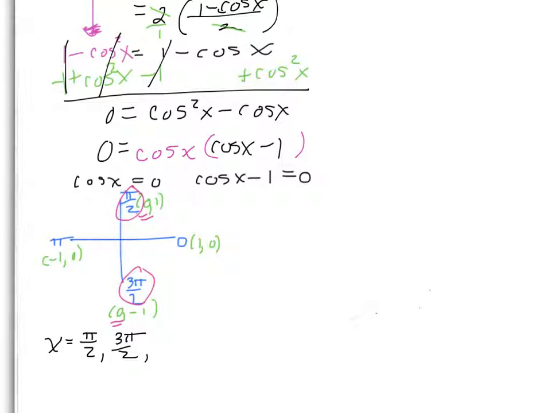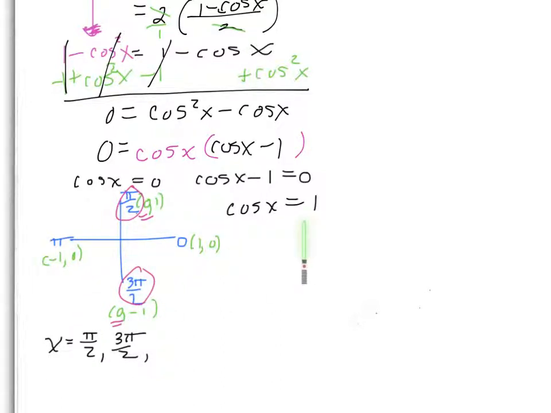Then we have to solve cosine of x minus 1 for cosine of x. So what do I have to do there? Just add 1. So cosine of x is equal to 1. Again, if this is 1, 0, or negative 1, I'm looking at the coordinate points. So I don't have to redraw this. I can just look at this again. Cosine, again, is the x value.